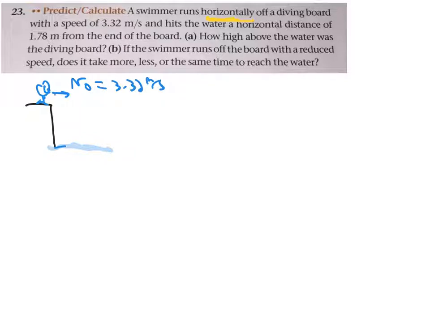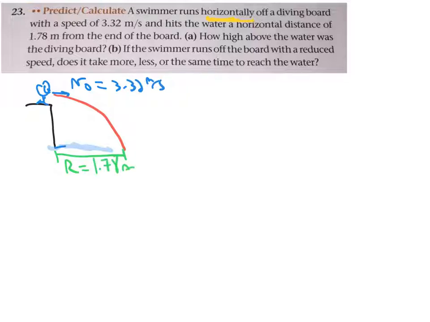And then the diver will follow some parabola and hit the ground, or hopefully the water, some distance. That distance I'm going to symbolize with R, and we know its value is 1.78 meters.